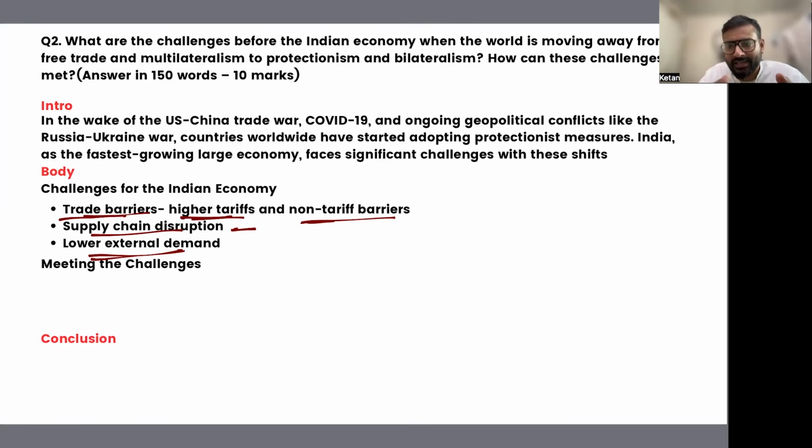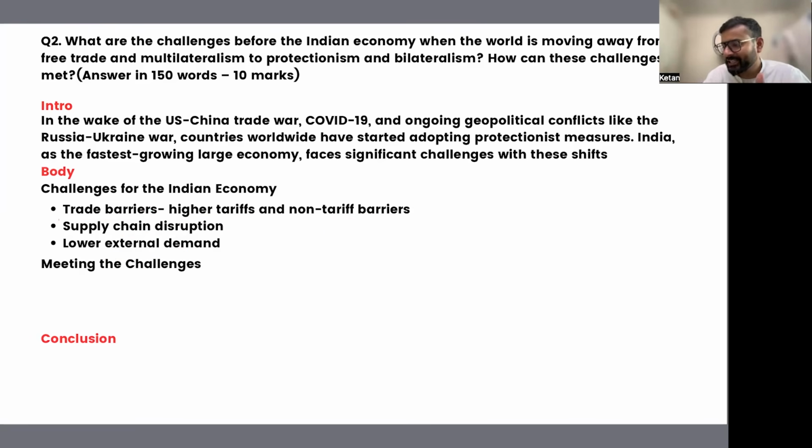The demand for Indian exports reduces in the international market, and again that will affect the Indian economy. You can also talk about decreasing FDI. So external demand is decreasing, but cross-border investments are also decreasing. So you can talk about that there.